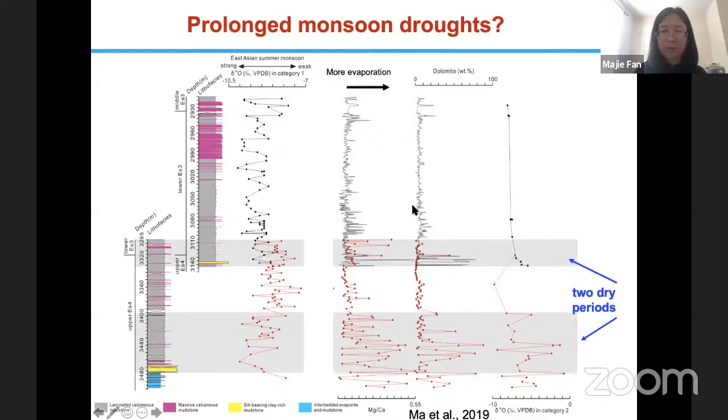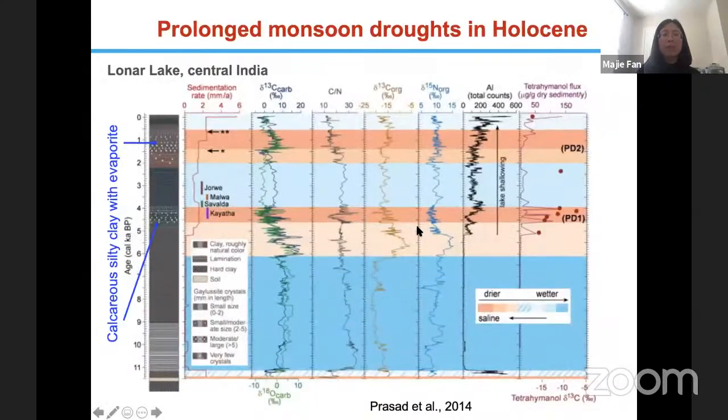So again, I'm going to look into the Holocene climate record to interpret what those variations mean. This is a record from the Lonar Lake in central India. There's a bunch of data here, but we can ignore most of that and focus on the lithology. There are two intervals that show evaporite in it. And also during these two intervals, the organic compound delta C13 value, which is a good proxy record, is pretty high, suggesting there is evaporation.